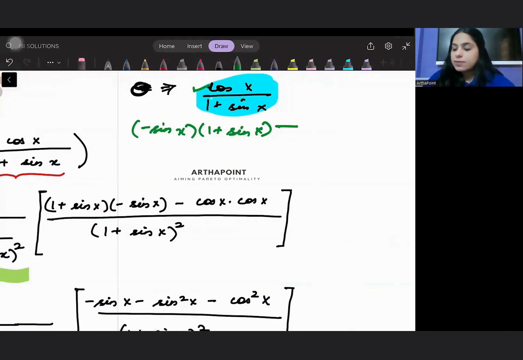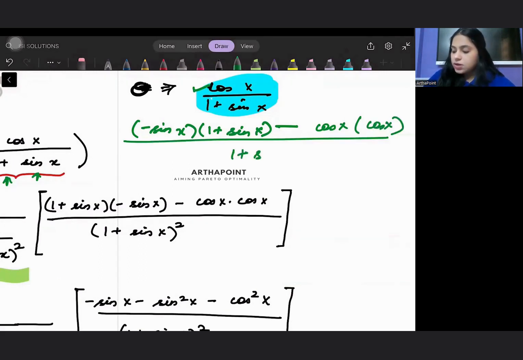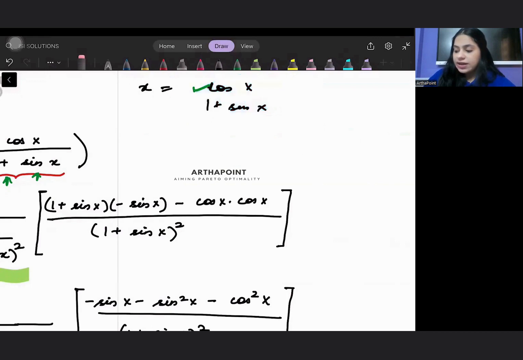Differentiation of 1 plus sin x would be cos x. Differentiation of 1 will be 0, sin x will be cos x, into the numerator as it is, upon the denominator whole square. So this is what I have done here.